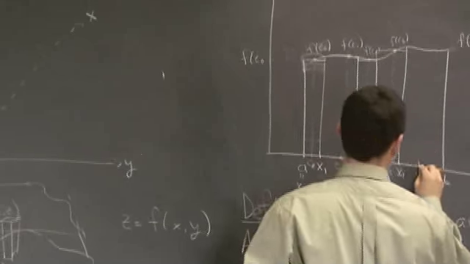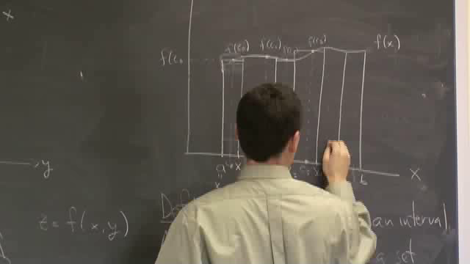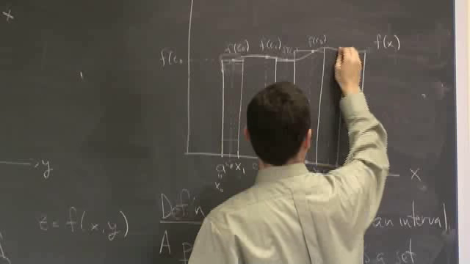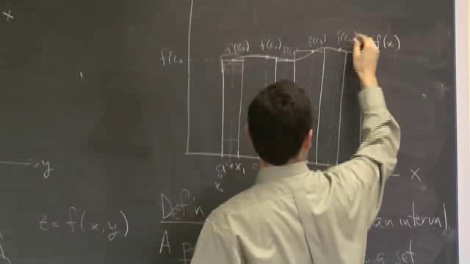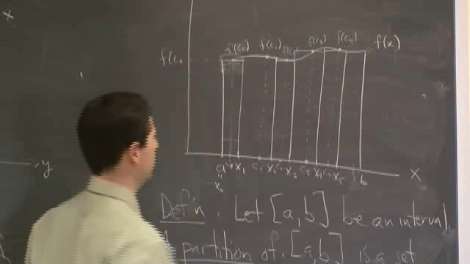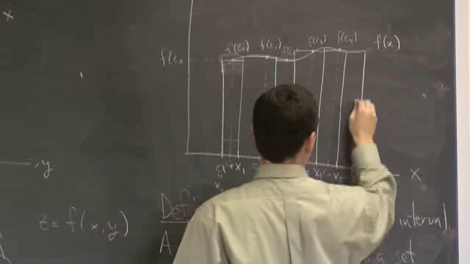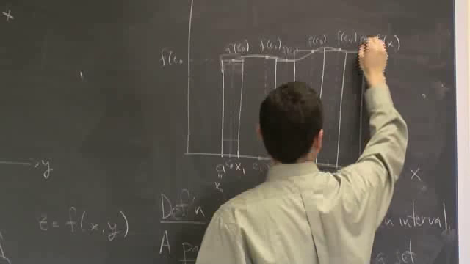And then I can do it over here. Okay, there's my C4. F of C4. Draw that point. And then this will be C5. F of C5.